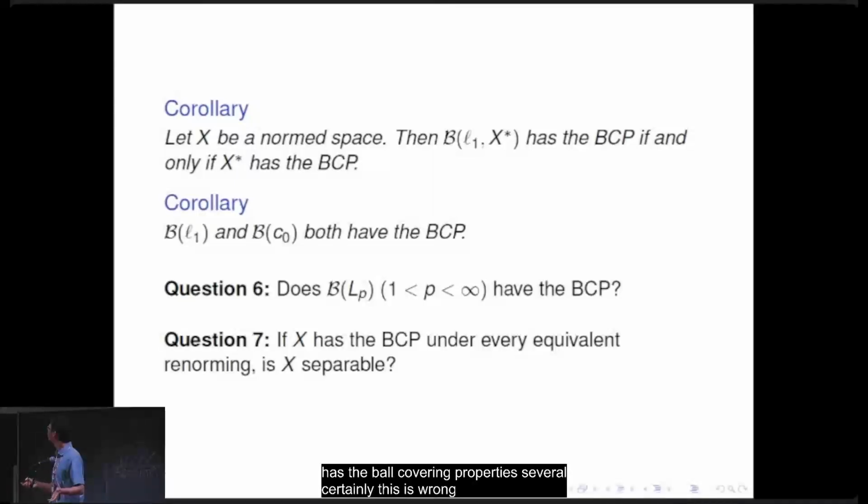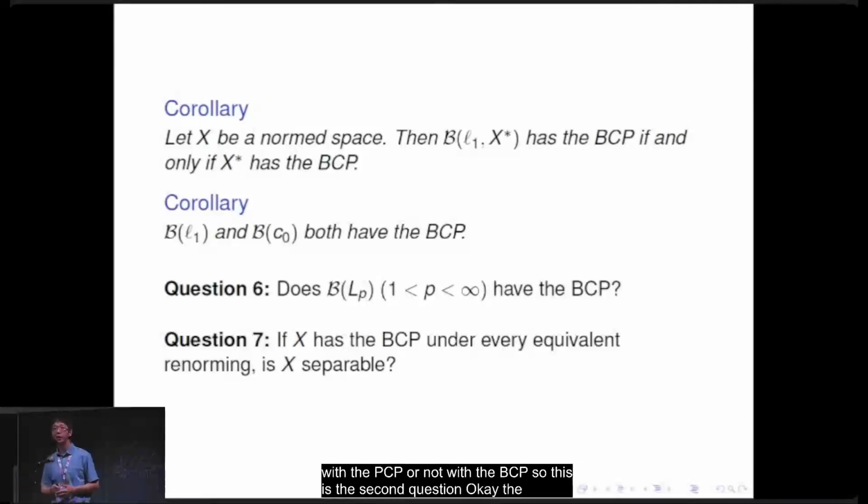The right formulation is: if X has the Borel covering property in every equivalent norm, is X separable? Little L infinity is not the case because you have renormings, making it either with the BCP or not with the BCP. So this is the second question.